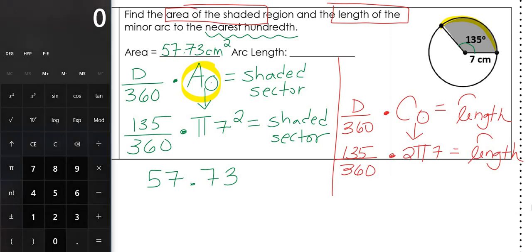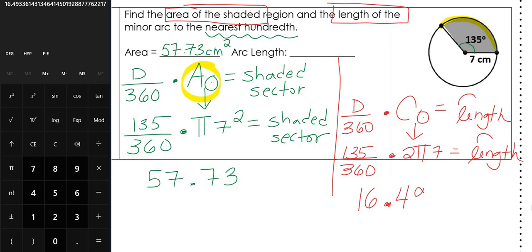So to your calculator, 135 divided by 360 equals times 2 times pi times 7 equals. So about 16 point, if we round to the nearest hundredth, the 9 is going to stay the same. So 16.49, I thought it would round up, but it doesn't. 16.49 centimeters long is that yellow arc.